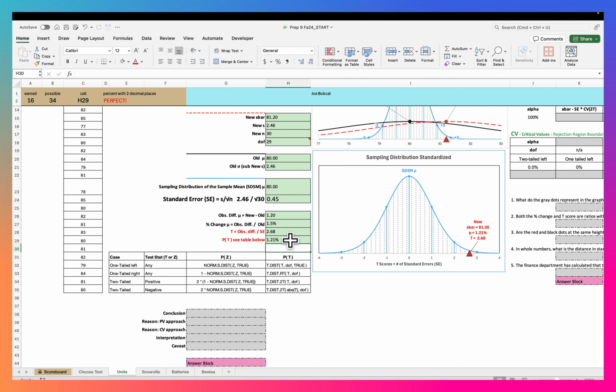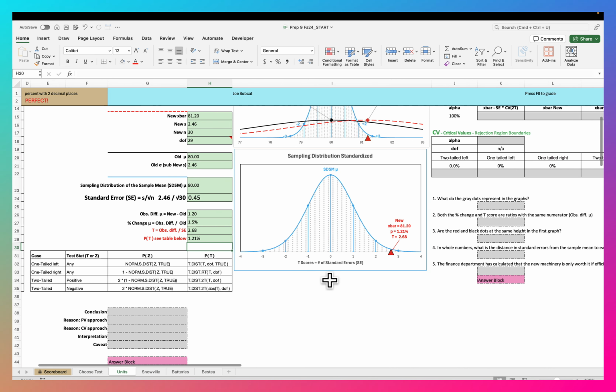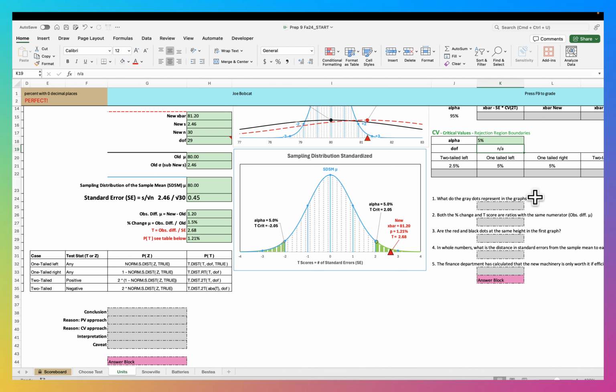There, 1.21%. So now we actually do know that pretty much it's a reject because that 1.21 is less than 5. But let's go ahead and throw in alpha over here. And you can see, yeah, it really is. We're in the rejection region. So we're rejecting the null hypothesis.